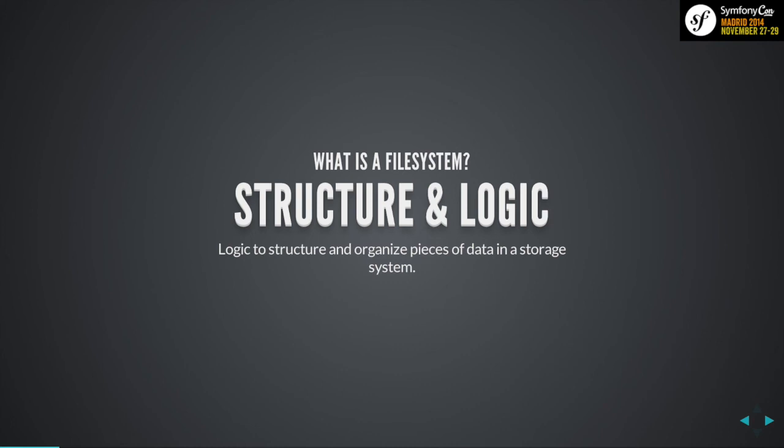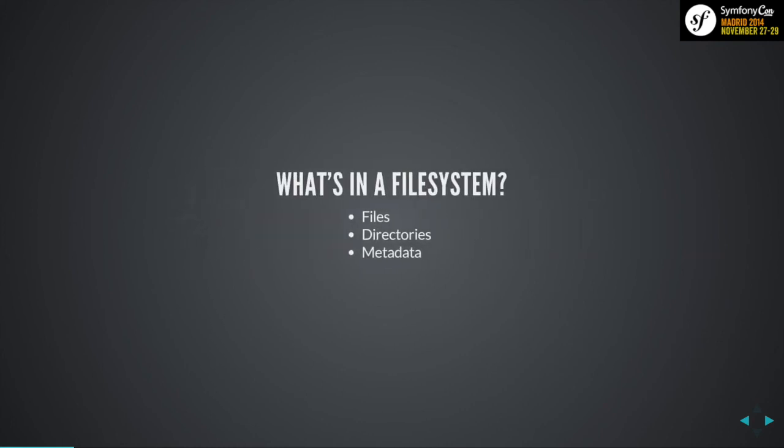We use structure in the form of folders and files, and we use logic for it as well, so you have a way to address certain parts of the file system independently, most commonly referred to as files and directories. If you look at what a file system consists of, it's basically these three things, and they're correlated as well.